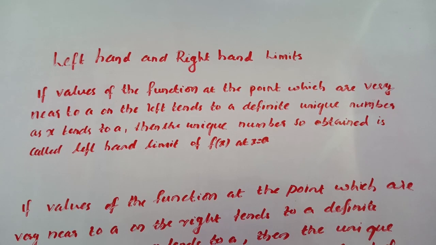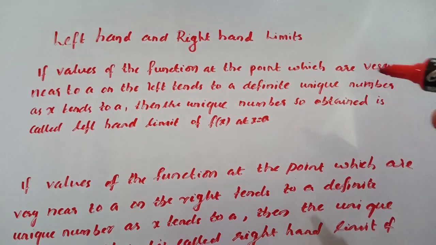Next topic is left hand and right hand limit. If the value of the function at points which are very near to a on the left tends to a definite unique number as x tends to a, then the unique number so obtained is called the left hand limit of f of x at x equal to a.